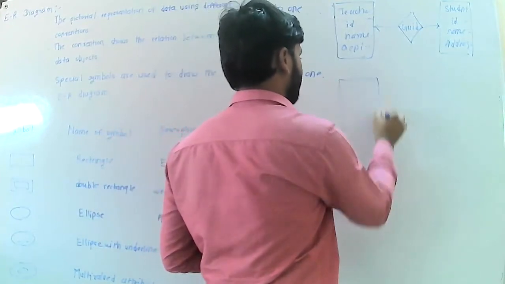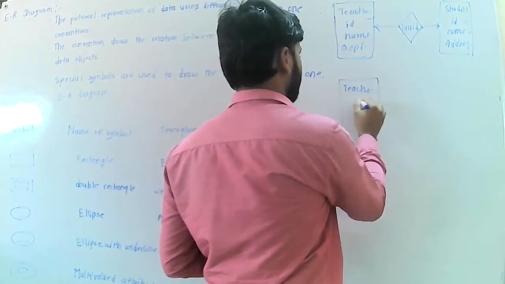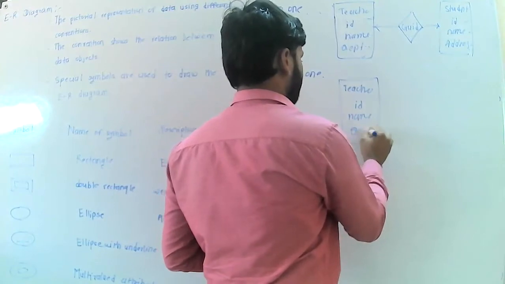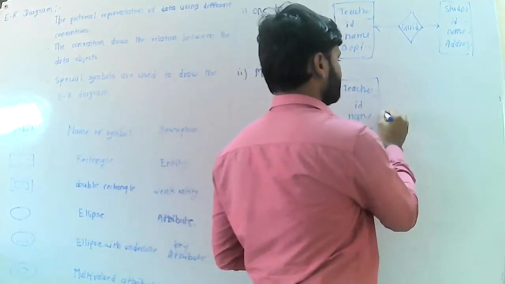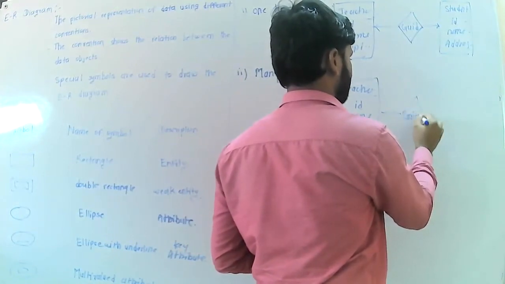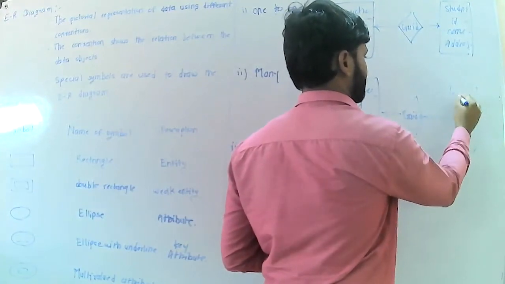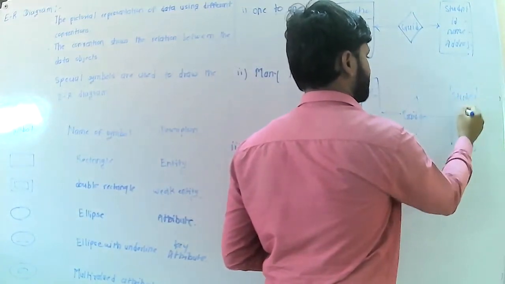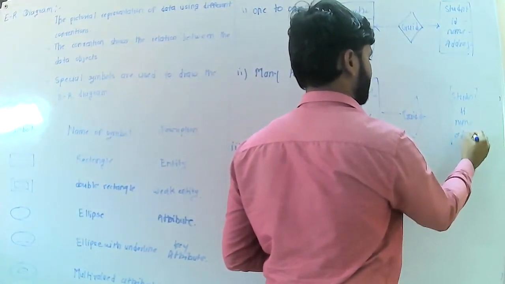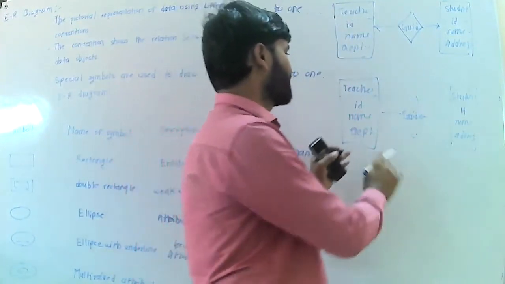Then second example: teacher has the same attributes, guides, and student has the same attributes. Many to one means what?